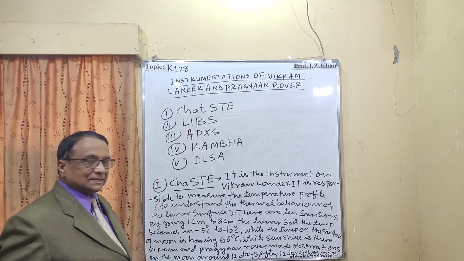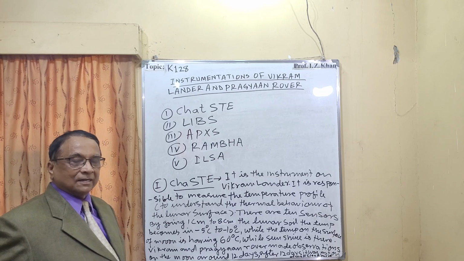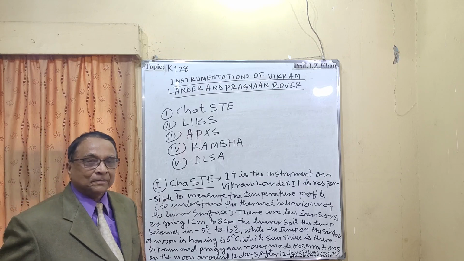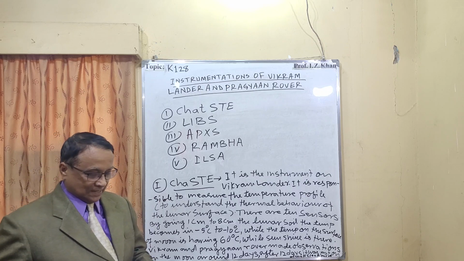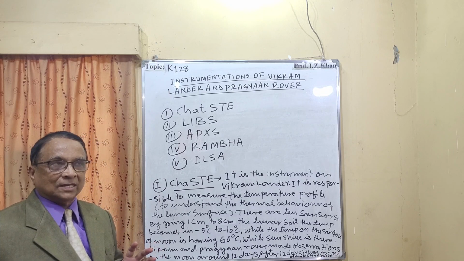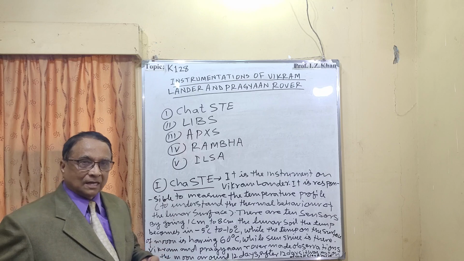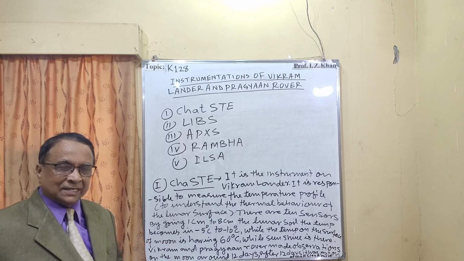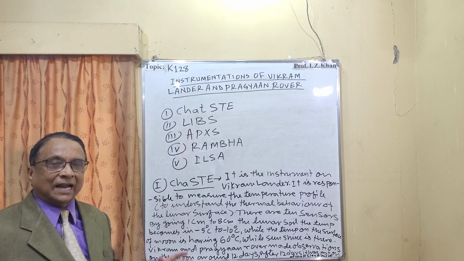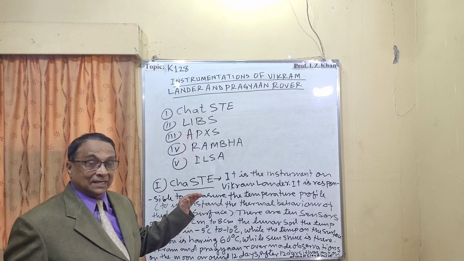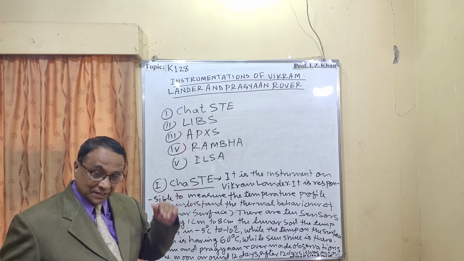There are 10 sensors attached to this instrument, and these 10 sensors are guided and commanded by artificial intelligence. It is all with artificial intelligence as well as robotics. They are all playing their role. But here I am talking of the main sensors and instruments which are responsible.